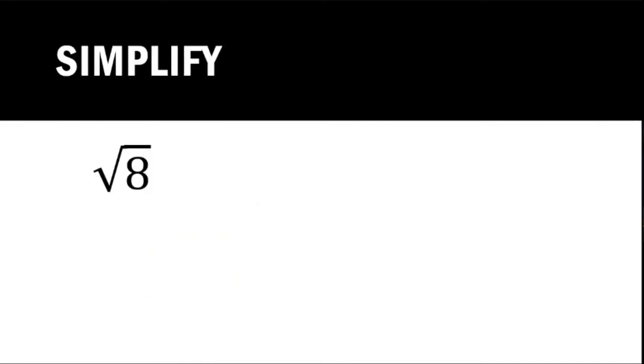How about if you have the square root of 8? Changing 8 into a factor that has a power that is equal to the index or greater than the index, that will be 2 raised to 3. So changing it, you will be having the square root of 2 raised to 3.